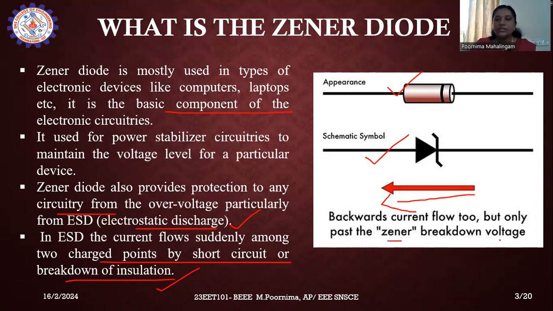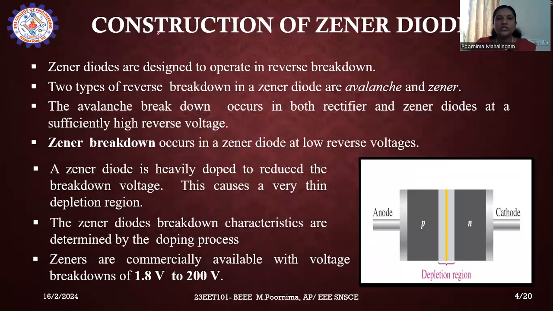Here is the Zener breakdown voltage. Coming to the construction, it is the same as a PN junction diode, designed to operate in reverse bias conditions. Here we can see two types of breakdown: one is avalanche breakdown, the next is Zener breakdown. Avalanche breakdown occurs in both rectifier diodes and other diodes at significantly high reverse voltage, but Zener breakdown occurs in the Zener diode alone.